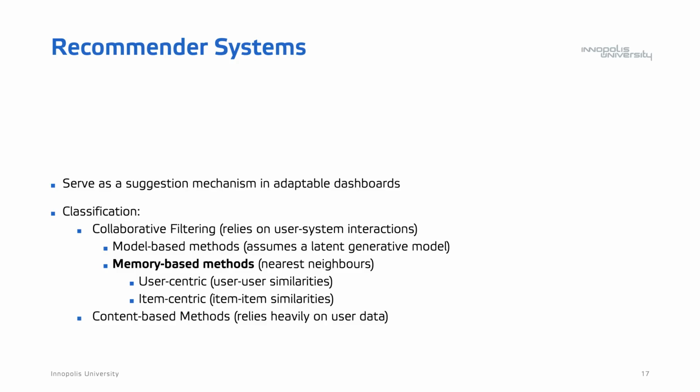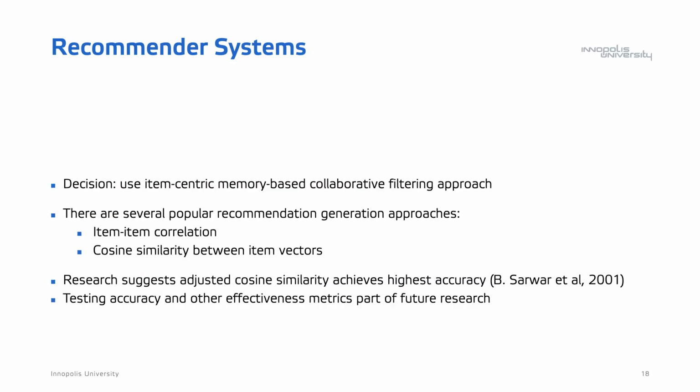For example, the model-based methods assume a latent generative model, which means that they assume a model and therefore generate recommendations based on model predictions. So as I said, we decided to use the item-centric approach, and inside the item-to-item approach there are multiple generation approaches that we can select from.